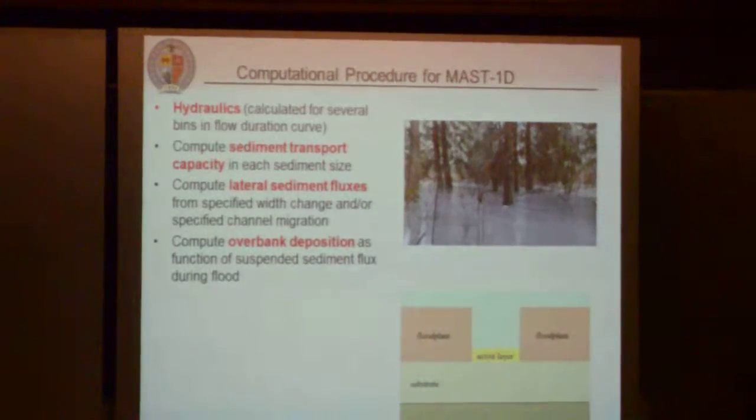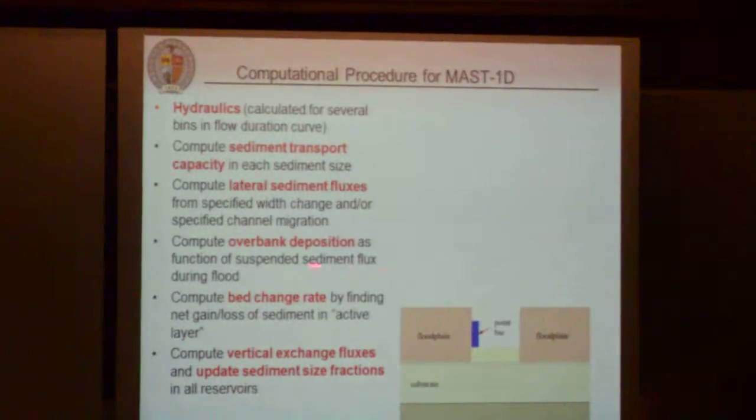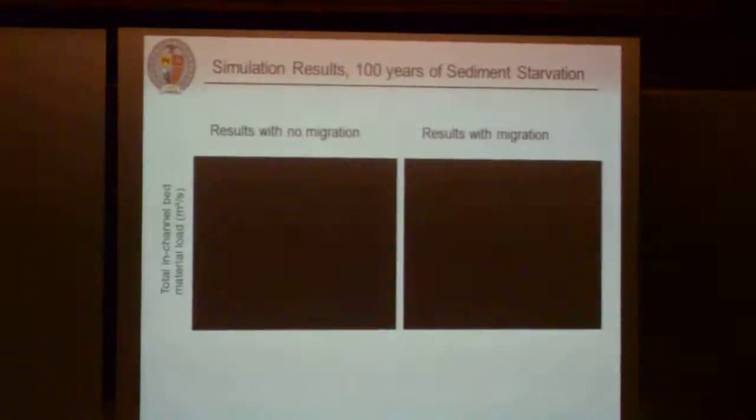We'll do an overbank deposition calculation as a function of the flow on the floodplain at all bins. We can do sand and mud if we want to. We'll do a bed change rate, and then if the bed is going down, then that means we have to essentially move material from our substrate back into our floodplain and channel. And if the channel is going the other way, we have to move material out the other way.